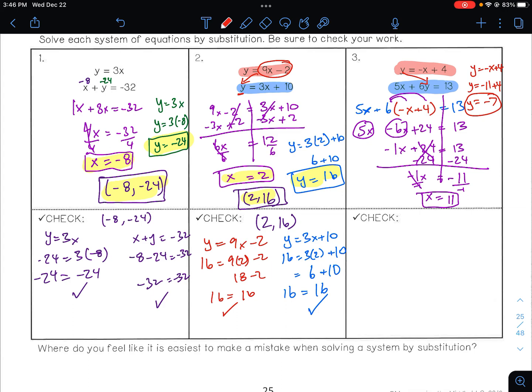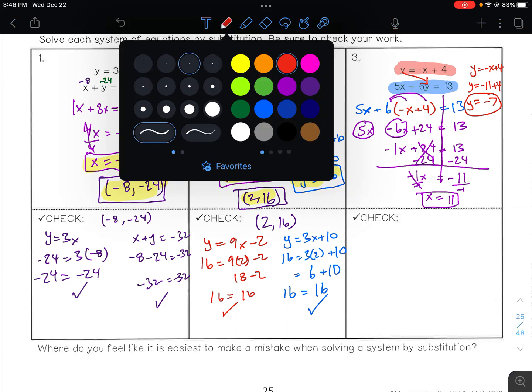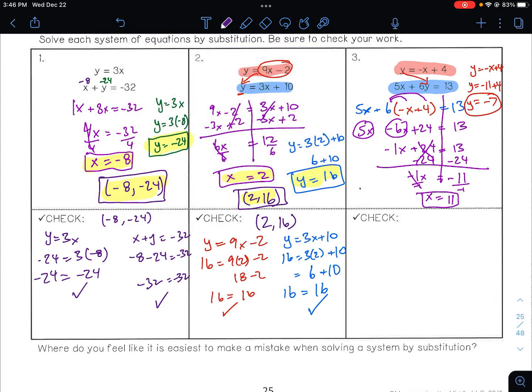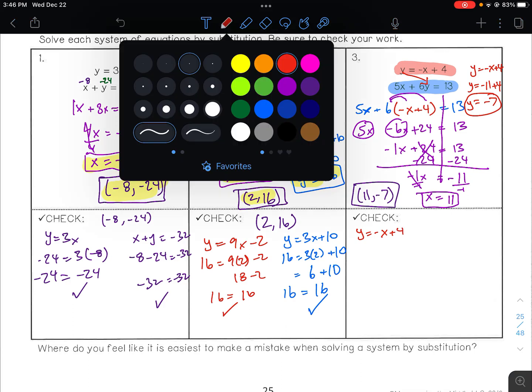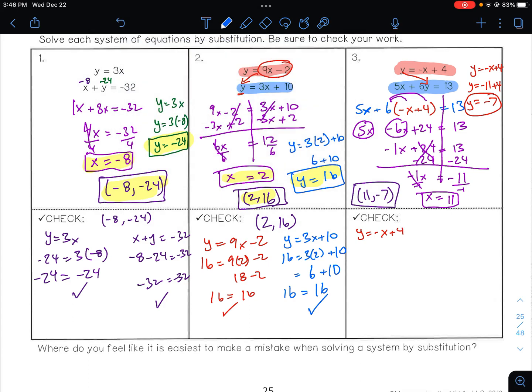Y equals negative 7. So the ordered pair would be x is 11, y is negative 7. Let's see if that is true. Let's do the red equation, y equals negative x plus 4, and the blue equation, 5x plus 6y equals 13.